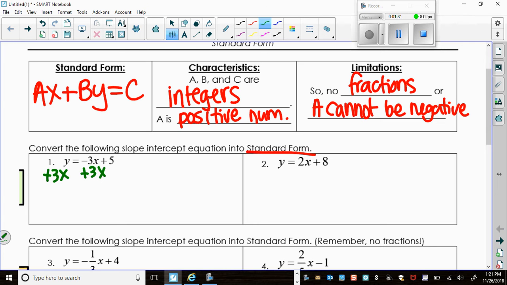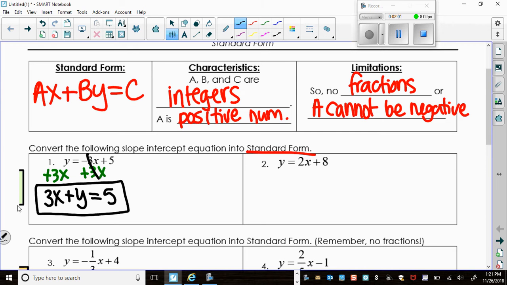And instead of writing y plus 3x, I'm going to write 3x first, because x is always the first term, plus y equals 5. I wrote everything down, these canceled out, and I ended up with this. Notice how there's no fractions, and this a, which is technically 3, is positive, so I'm good to go.